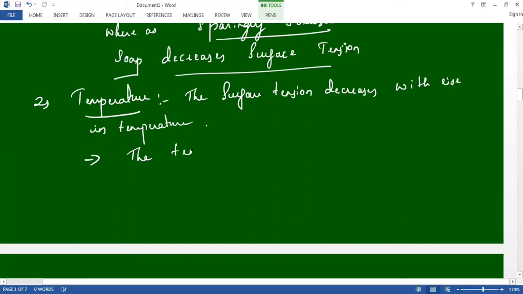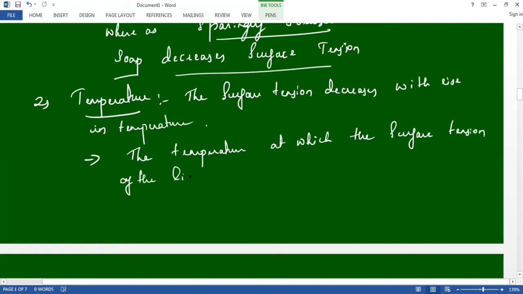The temperature at which the surface tension of the liquid becomes zero.